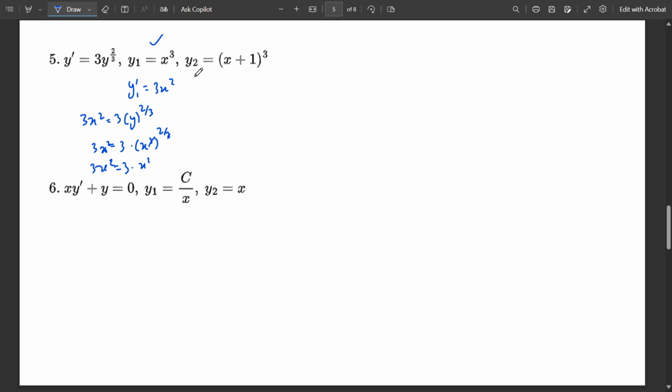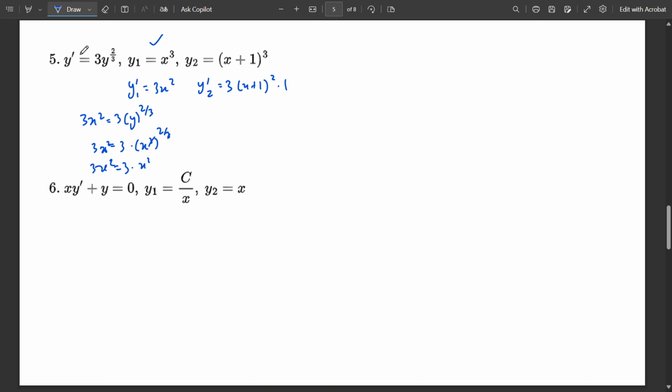And we have the second proposed solution. Let's take the derivative, and we have 3 times x plus 1 squared. Well, the derivative of the inside is just 1, so this is times 1, it's just 3 times x plus 1 squared.